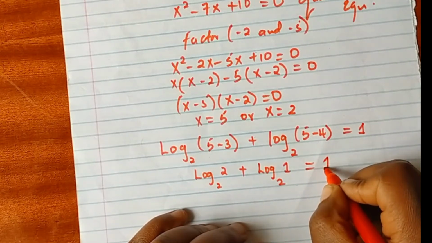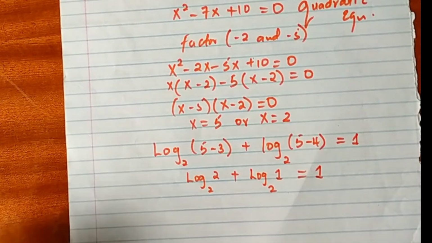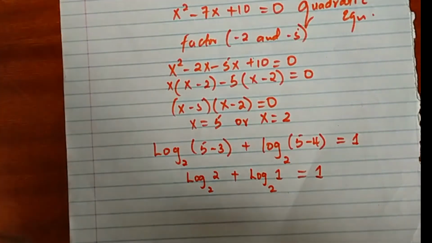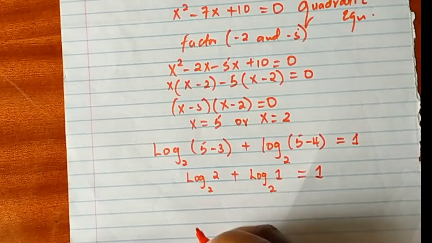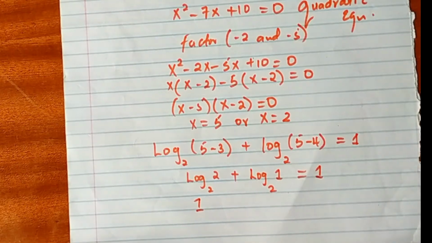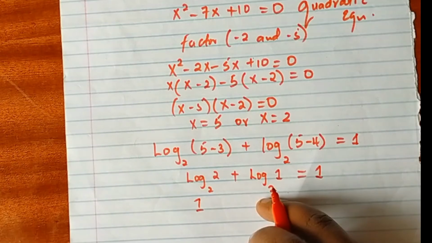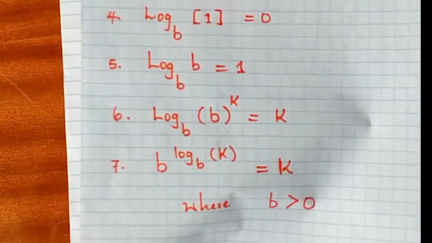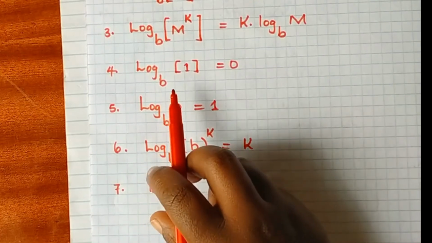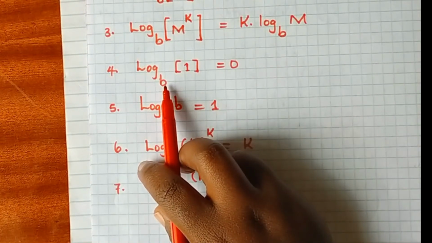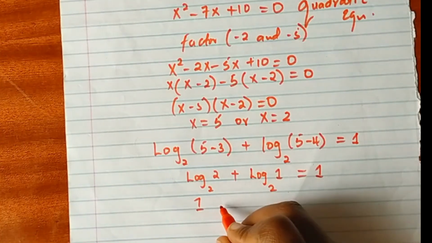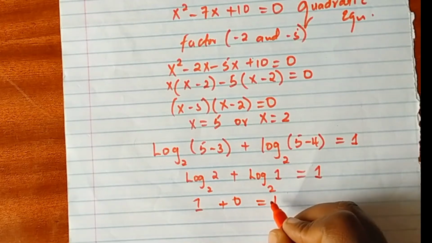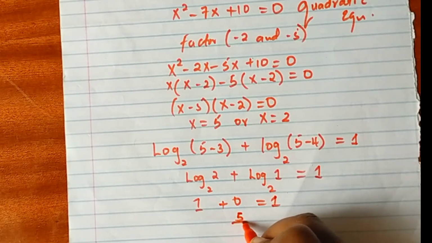This should be equal to 1. Using this rule, which we have already applied, the log of a number to the same base is 1. And then we also have another rule here, rule number 4: the logarithm of 1 to any base, any real number, is equal to 0. So 5 is a solution to our equation.